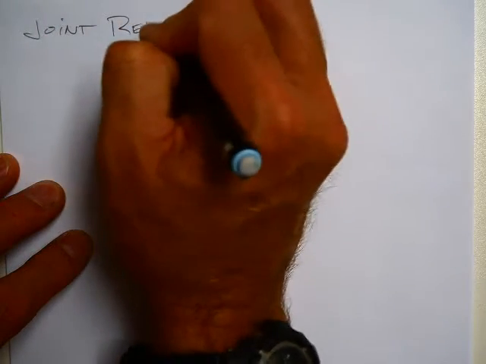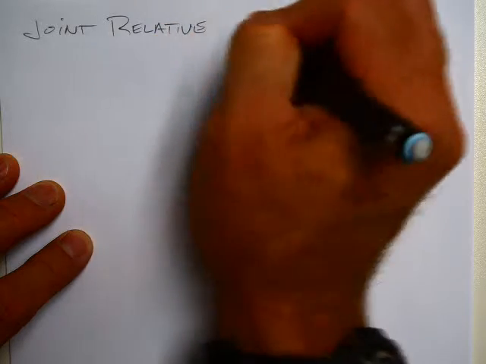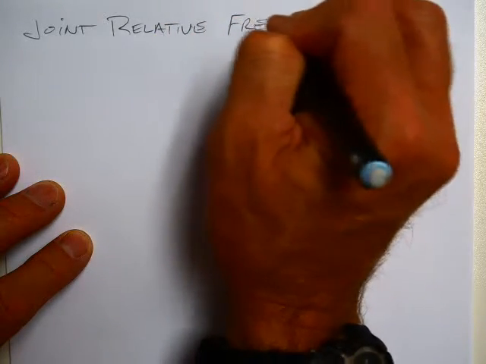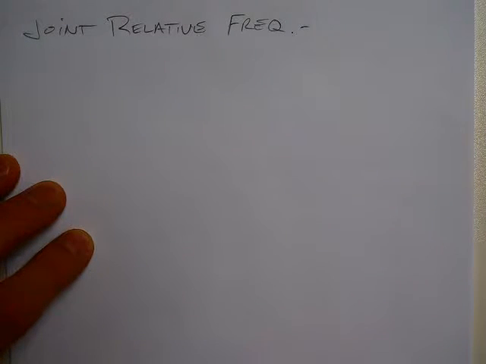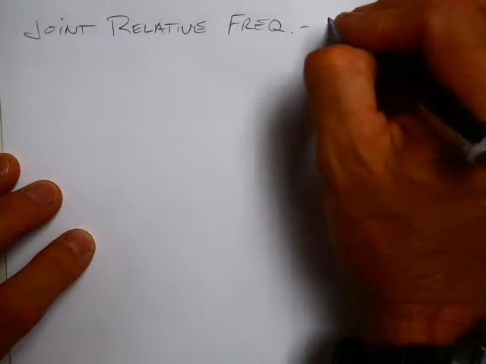Next thing is joint relative frequency. The joint relative frequency turns joint values into percents with respect to the grand total again.